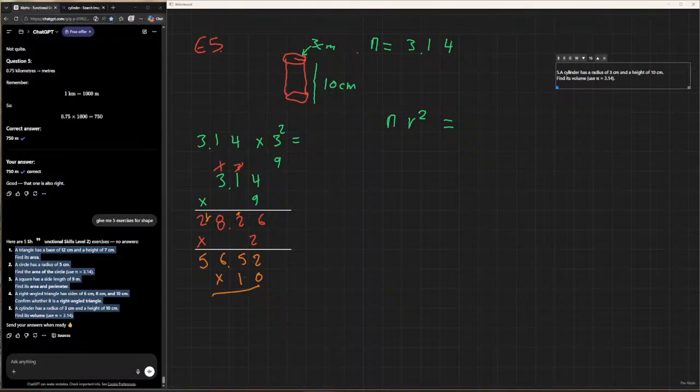which basically is going to go this way. So 56.52 plus the 0. So we're going 1, 2, 6, 565 point 2.